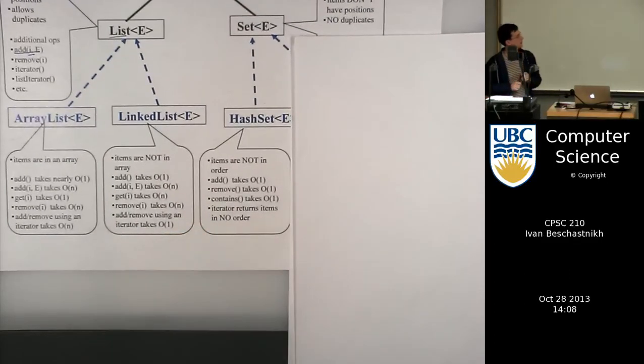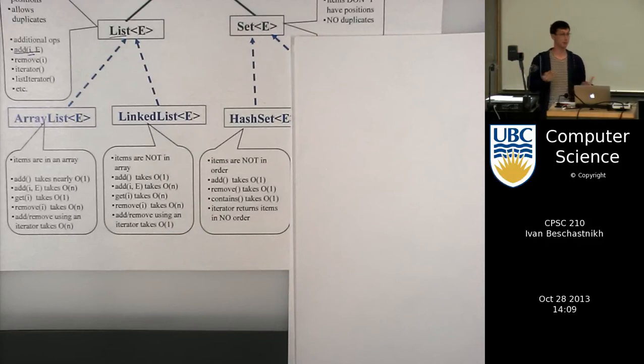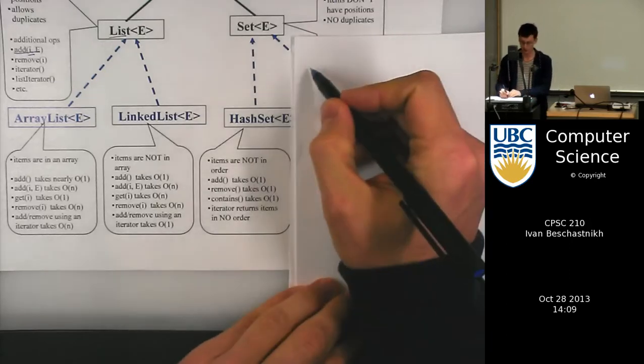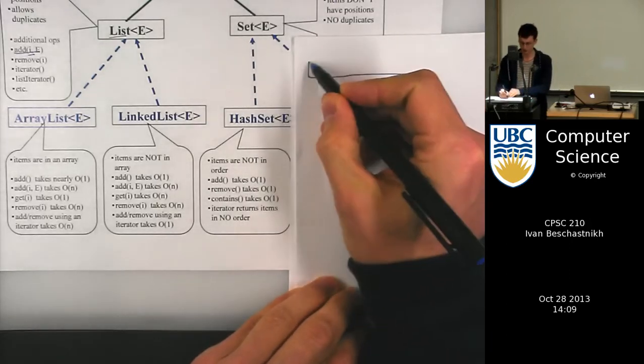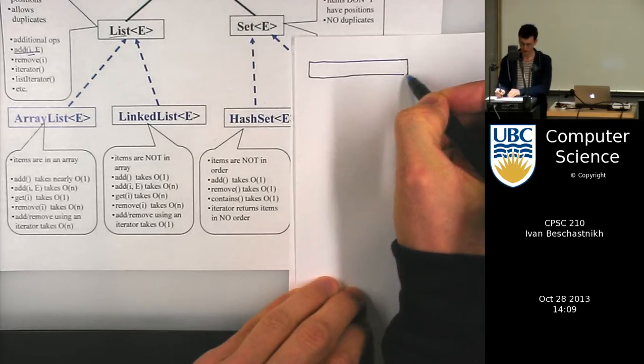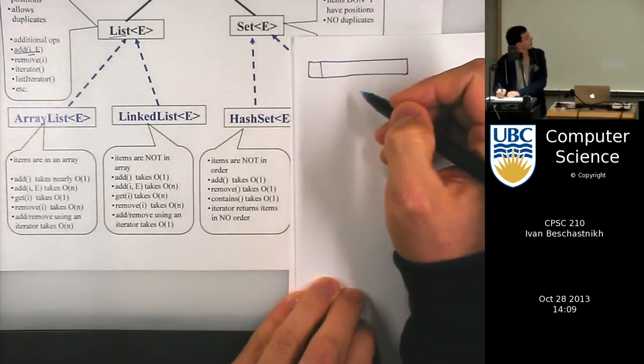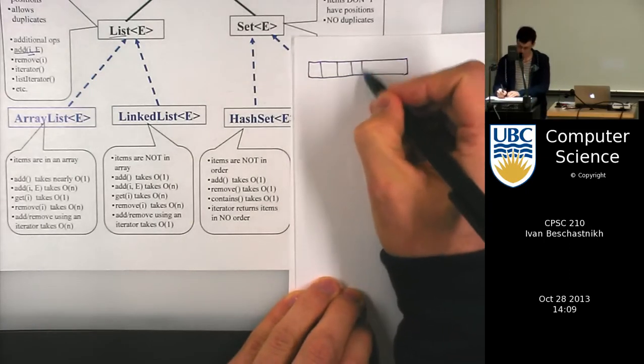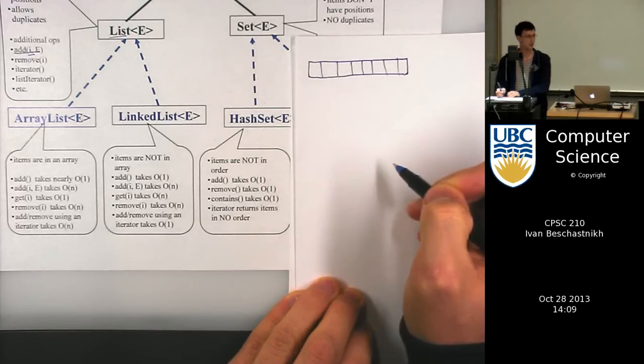And when we talk about arrays, we talk about them in terms of something very concrete in the computer. We talk about them in terms of memory. So an ArrayList represents a list as a contiguous segment of memory. My array, I typically draw these as blocks that have partitions in them.